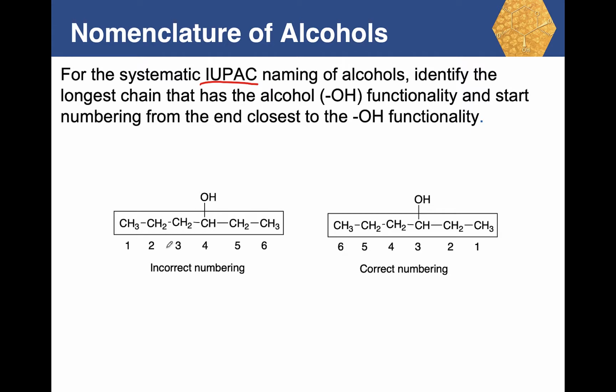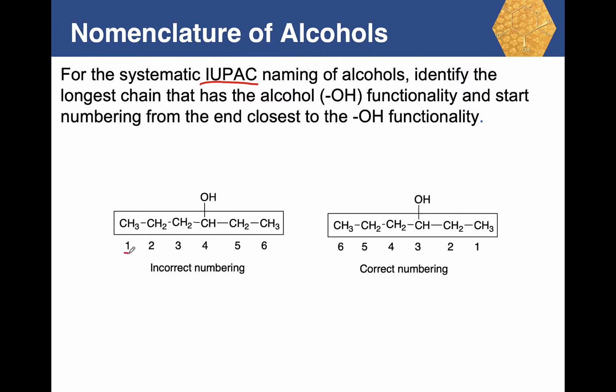So here's an alcohol. Once you have identified it as an alcohol, start numbering at the end closest to the OH functionality. You will see why in a moment we number, because we need a root name. So we can start over here.